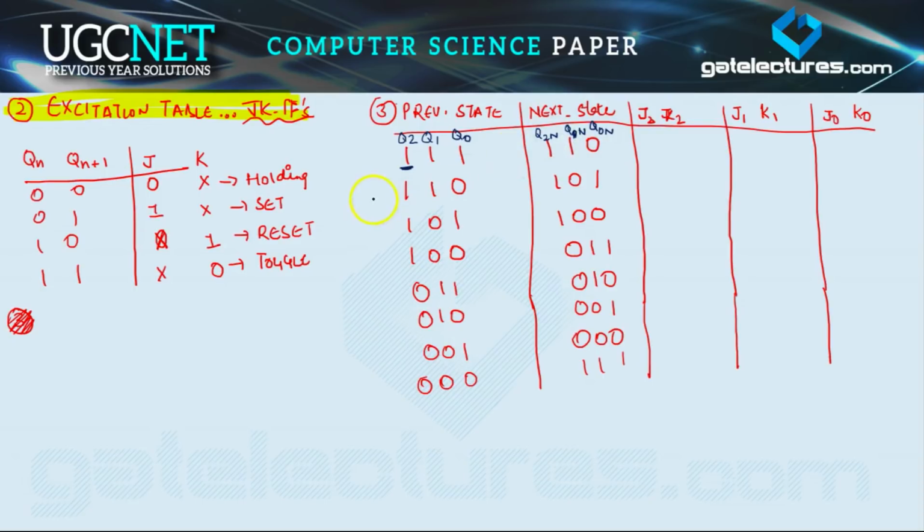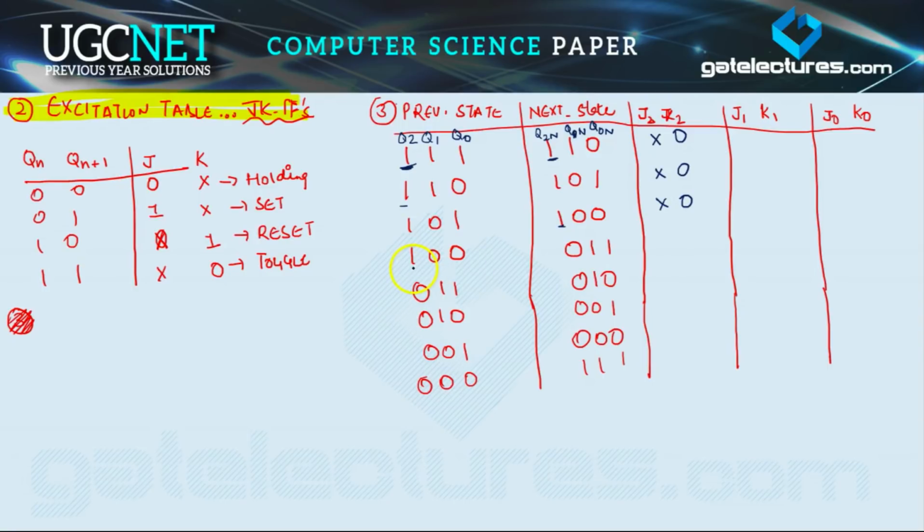If the previous state is 1 and the next state is also 1, so 1 and 1, then what are the values of J and K? Don't care and 0. So write it down, don't care and 0. If my previous state is 1 and the next state is 1, then also the same values, don't care and 0. Same.